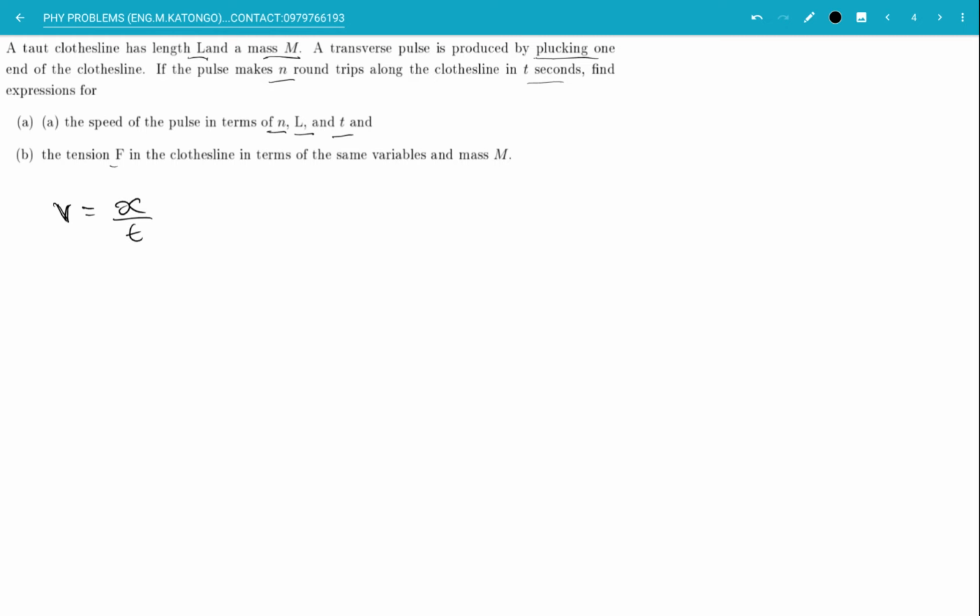Let's take for an example where we have two walls, and on one end of the wall we have a clothesline attached from end to end. So we'll say this point is point A and that point is point B.